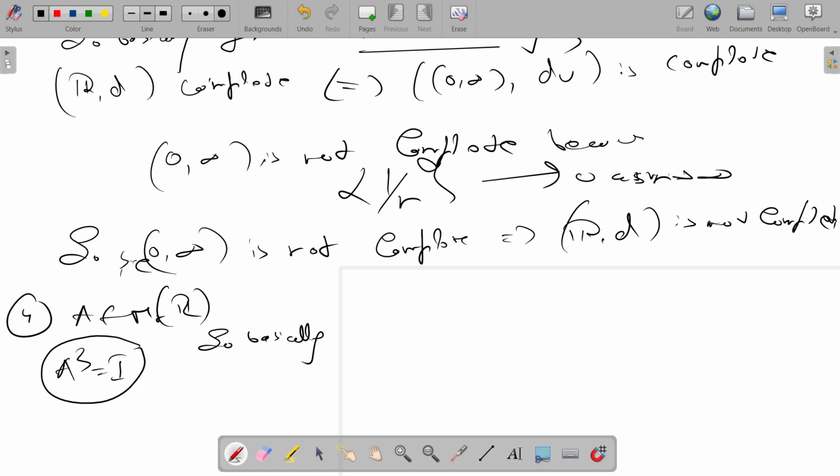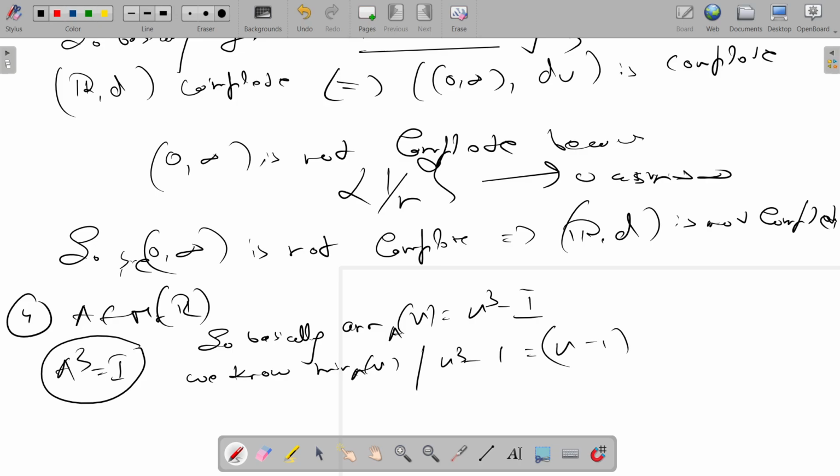So basically this is an annihilating polynomial: x cube minus I. Now we know that the minimal polynomial of A will divide x cube minus 1, because we are in R[x]. That factors as (x minus 1)(1 plus x plus x squared).